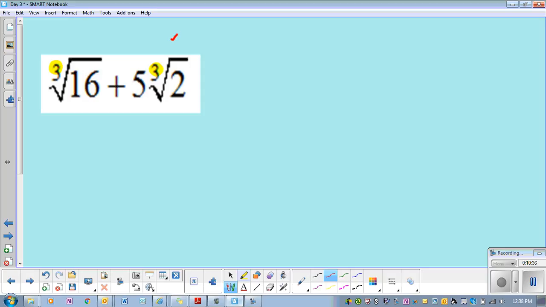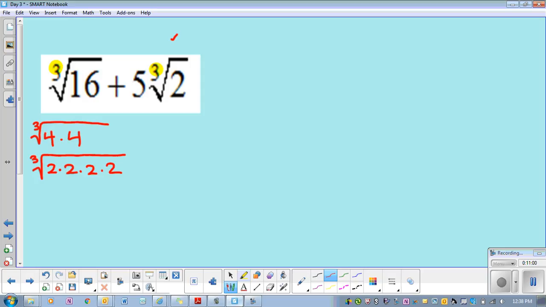I need to simplify this one. Cube root of 16. 16 is 4 times 4, but the 4 I can break down even more, 2, 2. So this is cube root of 2 times 2, and then 2 times 2.